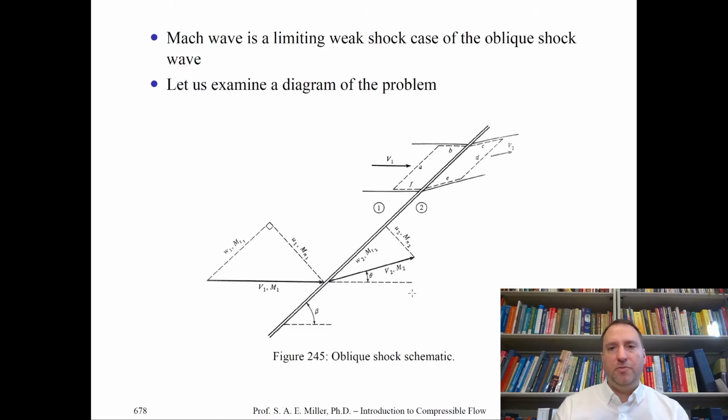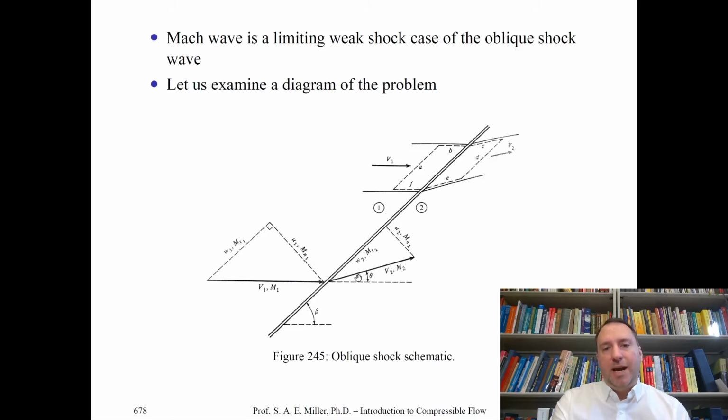These, of course, are two flow velocity vectors. We can decompose these as a velocity component which is tangential to the wave and in front of the wave. We'll call that W1 and MT1, and a flow which is perpendicular to the wavefront, which we'll call U1 and MN1. The N stands for normal.